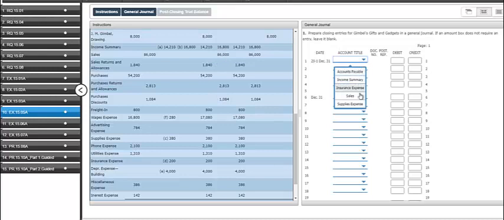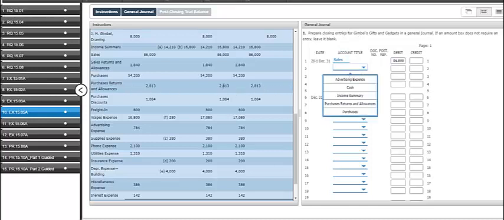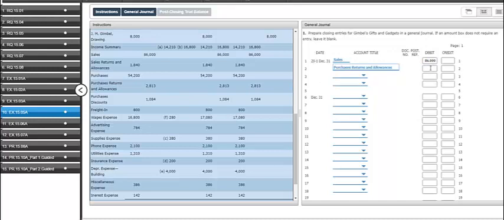So the first account is sales with a balance of $86,000. The second account is purchase returns and allowances, and it has a credit balance of $2,813, so we're going to debit that to close. And purchase discounts is $1,084.